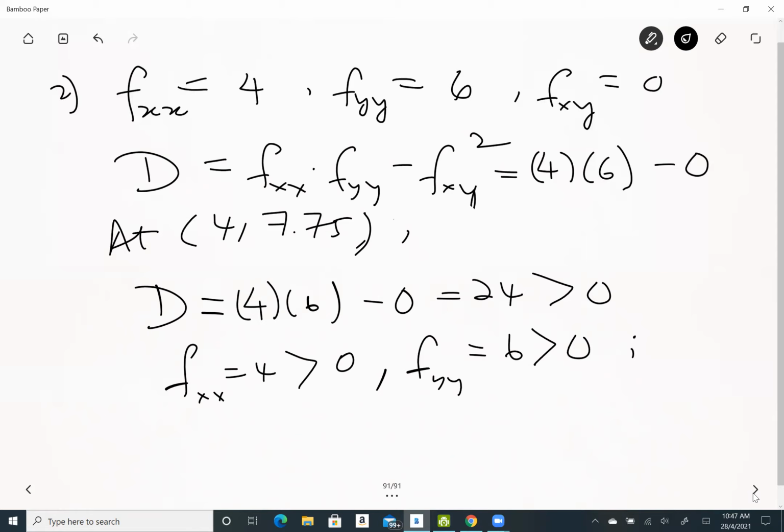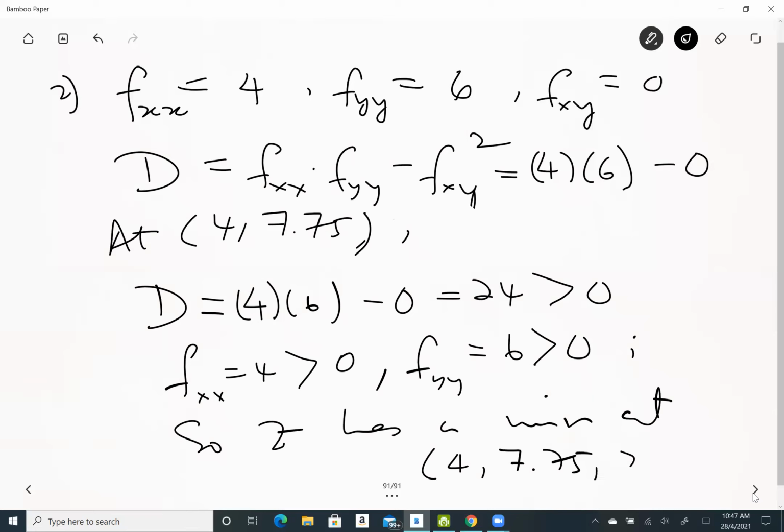So the function has a minimum at the critical point, (7.75, 4). Now you can put in the value of z0. Whatever you got, that will be the value of z0. If you have found it, you put the value. If you don't, then you find it later on. Okay, all right, good.